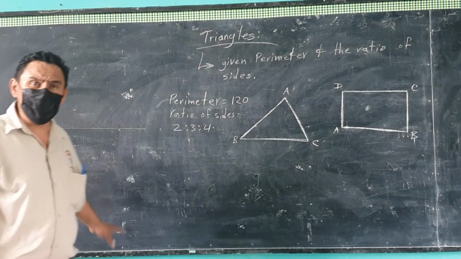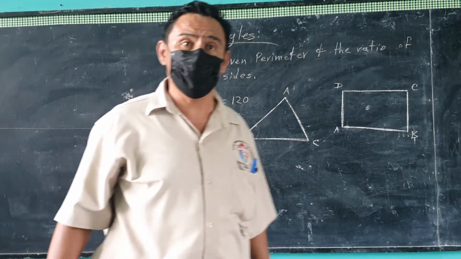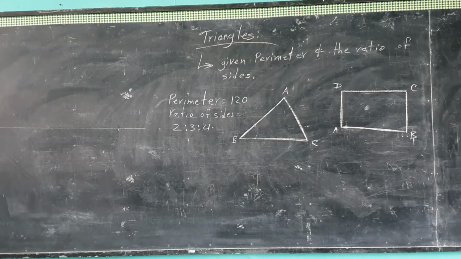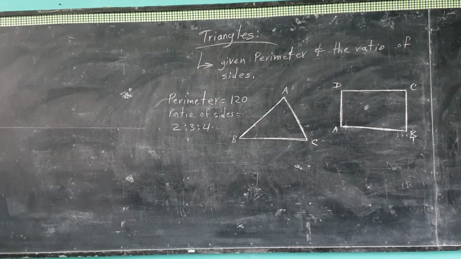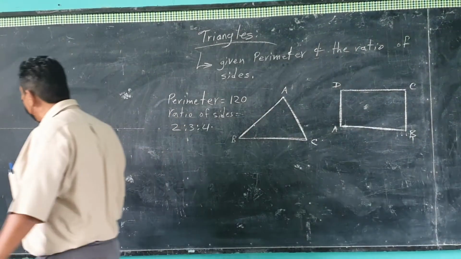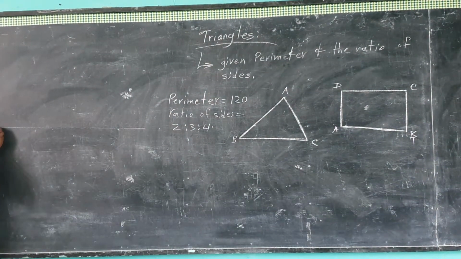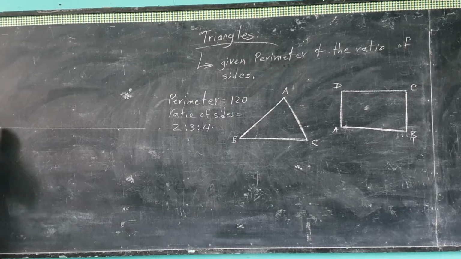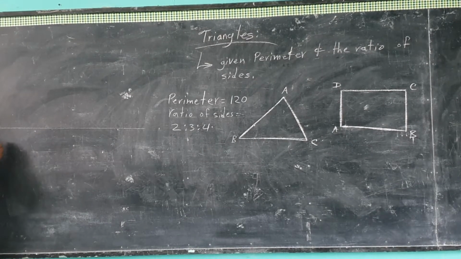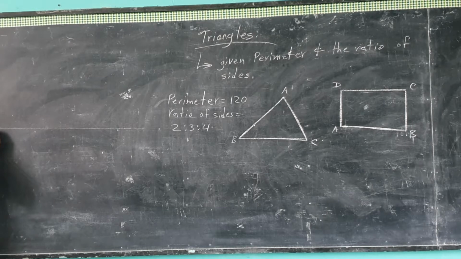Now that horizontal line has any length, class. Okay? It has any length. Now, what you are going to do on that horizontal line, you are going to pick a point. You are going to call this point here, let us say, A.